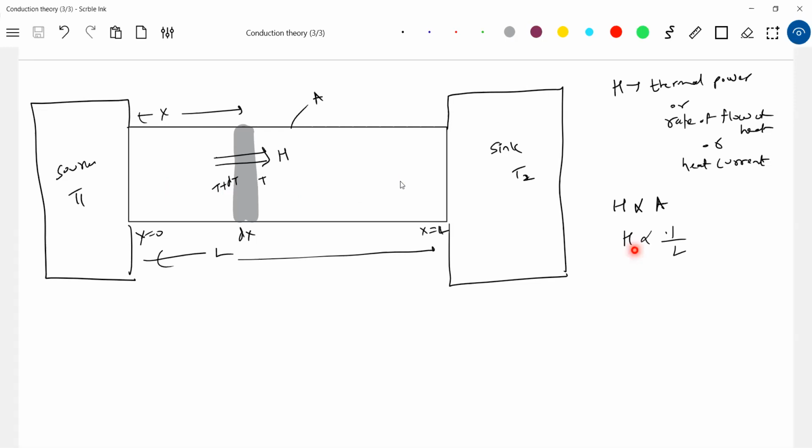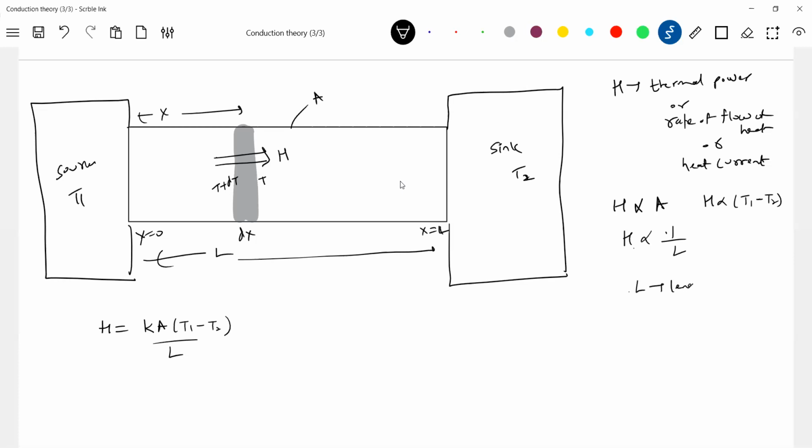So therefore, inversely proportional. Then next, directly proportional to temperature difference. The greater the temperature difference across the rod, the more energy per second will flow through the rod. So to remove this proportionality constant, I'll introduce K. So what are these?